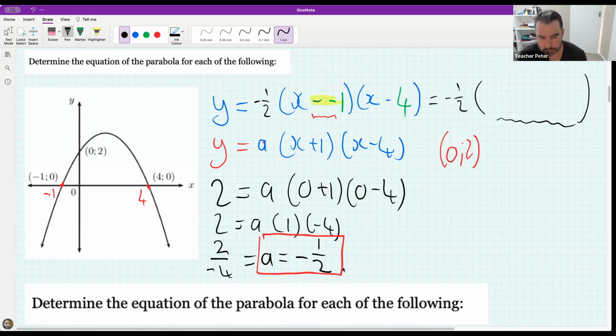So your next step after getting A is minus a half is I want you to write this parabola in standard form. But in order to do that, you're going to have to first multiply out these two brackets, and then at the end, you'll multiply by minus a half. Okay, so over to you. And again, I'm waiting for confirmation in the chat of being done before I say anything more. But you're trying to get this parabola into standard form now.